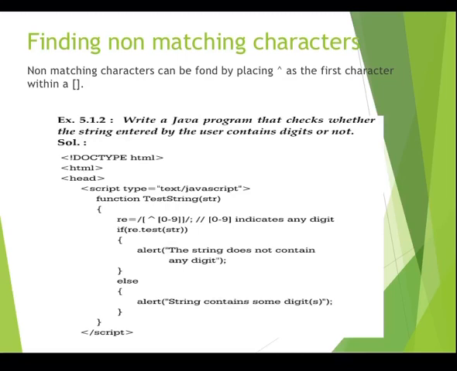As I told, the ^ symbol is for negation, so you write the ^ symbol, then again the bracket. You want to check if your string contains digits or not, so what is the range of the digits? 0 to 9. So 0 hyphen 9 indicates digits from 0 to 9. Then close your square bracket, then again slash and give a semicolon.